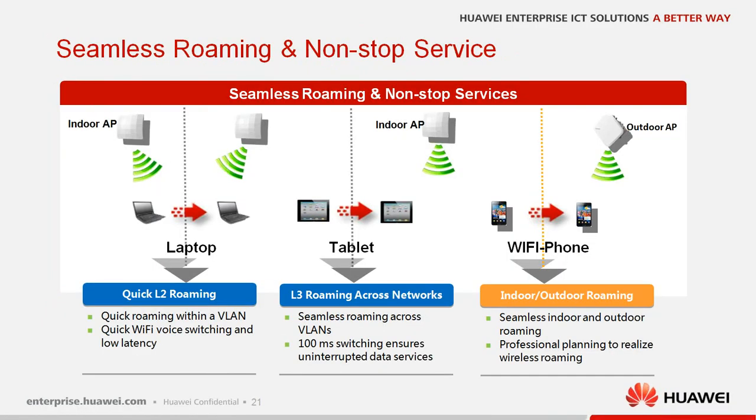Here are some of the features that the WLAN family brings to the table. The first one is seamless roaming and non-stop services. Here you can see, as our users move from one VLAN to another VLAN, or within the same VLAN, or within the same subnet, or from one subnet to another subnet, there's absolutely no interruption in services.